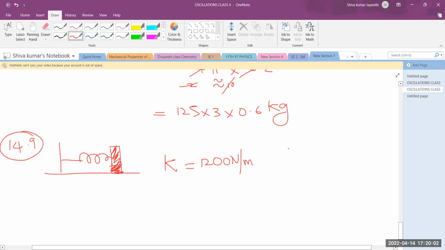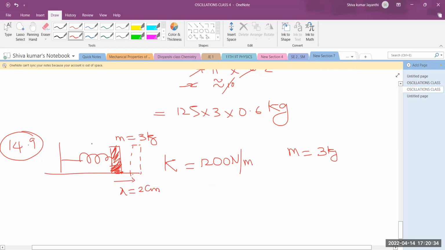The body of mass 3 kg is attached to the free end of the spring. This is the mass. Mass is then pulled sideways by a distance, this extension, they give 2 centimeters, and released.